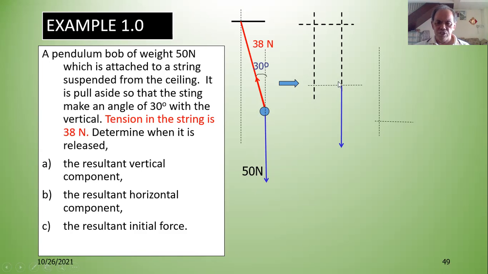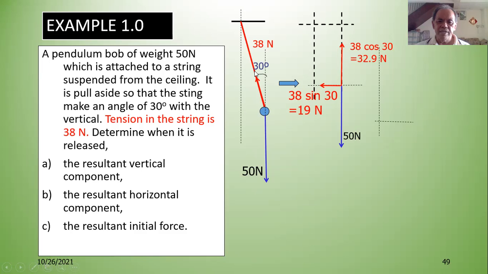So 50 you can draw, and you can resolve this 38. One will go vertical, one will go horizontal. 50 vertical, 38 far away from this angle, so it's 38 sine 30. Calculated, 19 Newton. This is 38 cos 30.